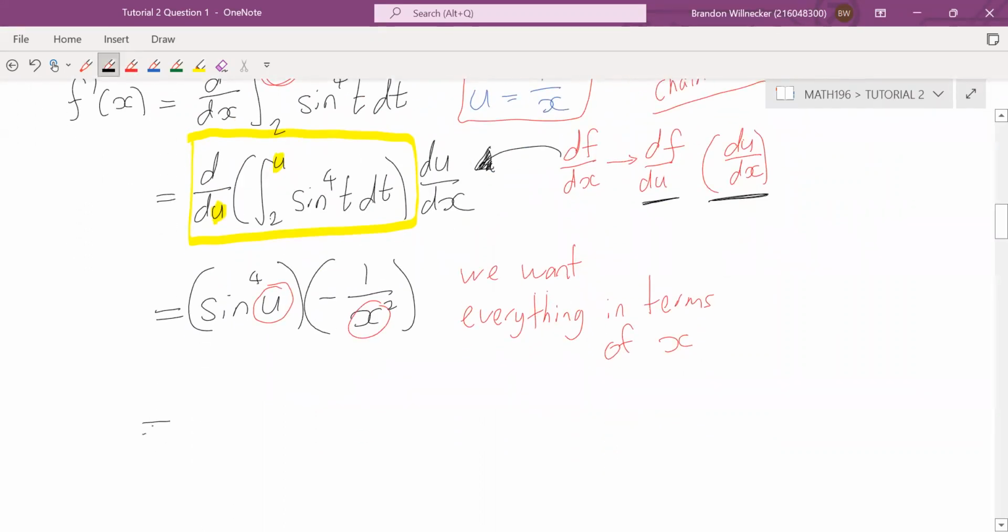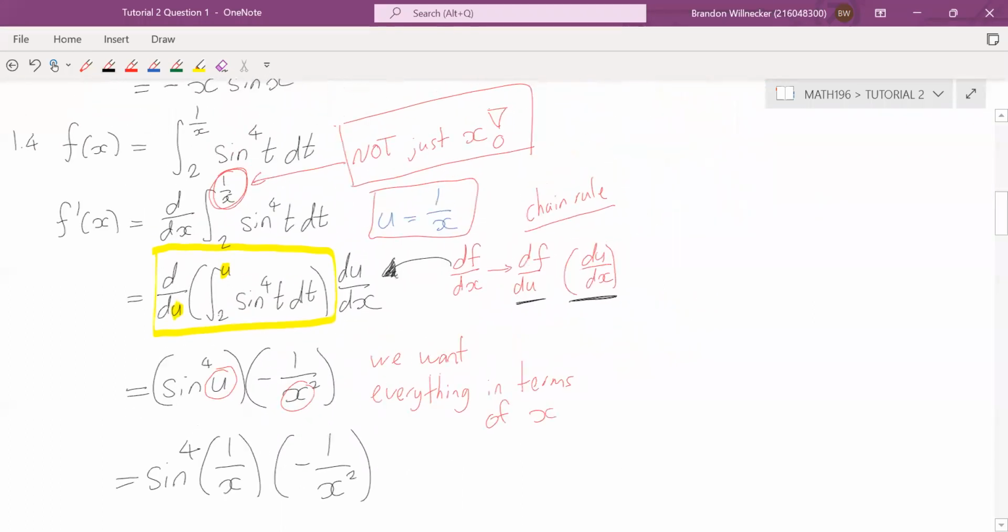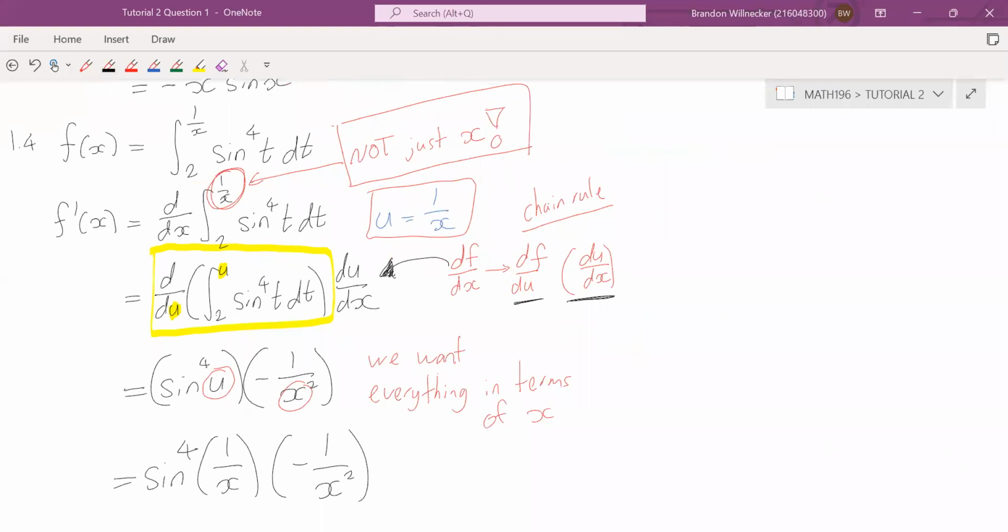So this is going to become sin to the 4 of 1 over x, times minus 1 over x squared. And that's going to be our derivative. So it's a bit more complicated because we've got a function of x in the upper bound, but with a little substitution and the chain rule, we can easily find the answer.